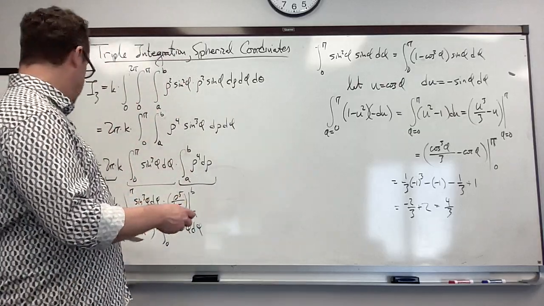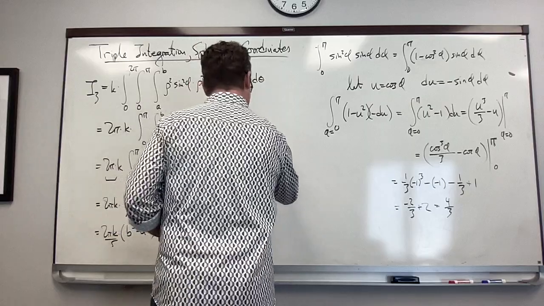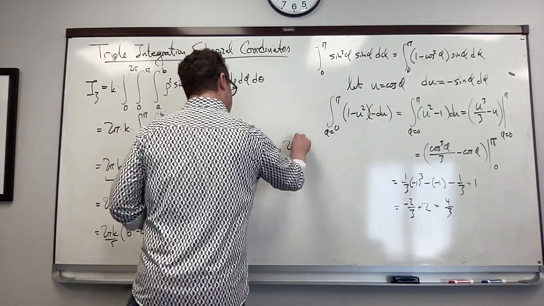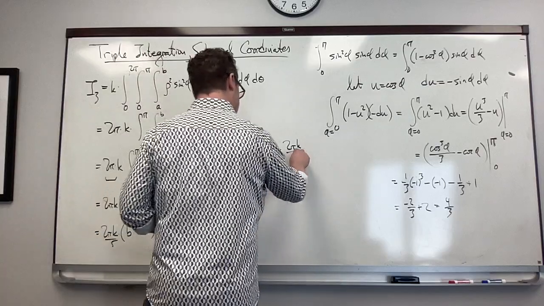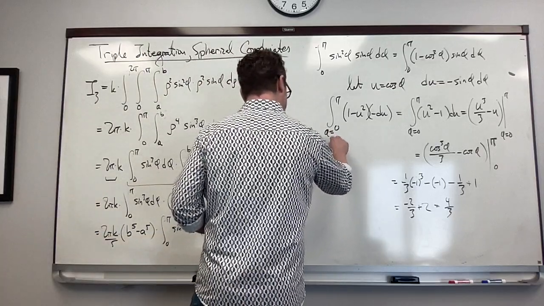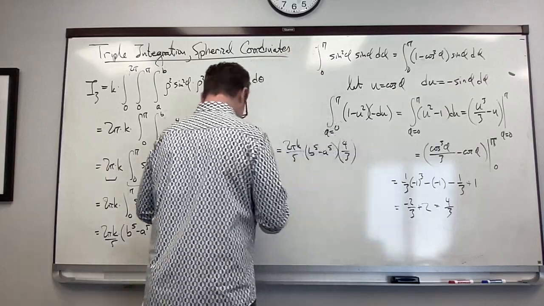Okay, so back here, our Iz integral was 2 pi k over 5, b to the 5th minus a to the 5th, times 4 over 3.